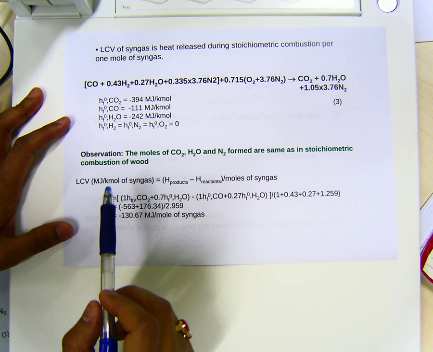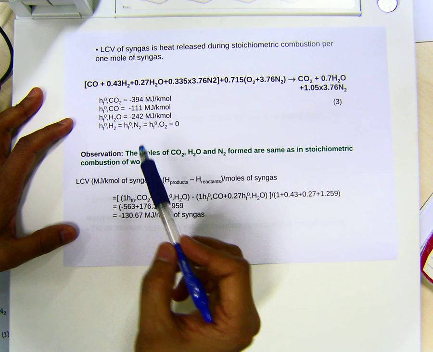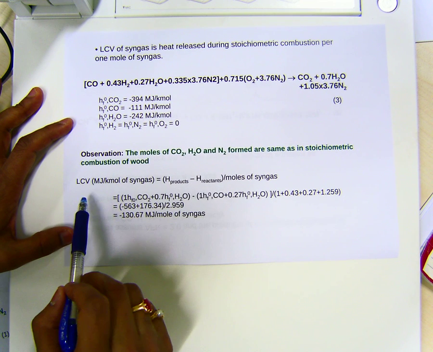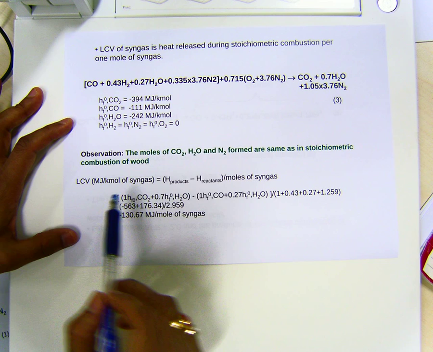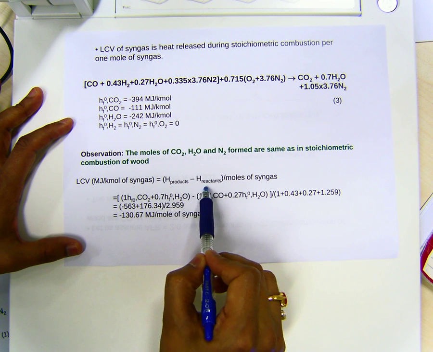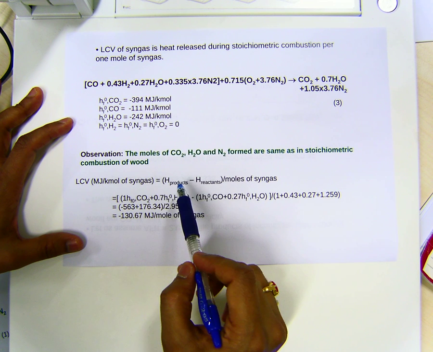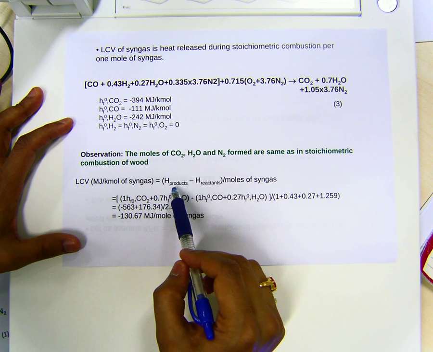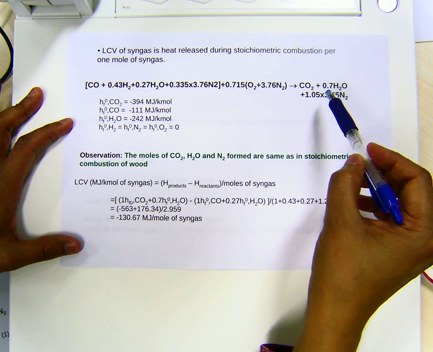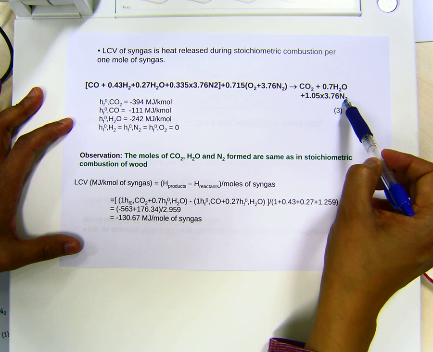Again, I will repeat this part. According to the definition of LCV, we need the enthalpy of products, the enthalpy of reactants, and the total number of moles of syngas. The products are CO2, water, and nitrogen.